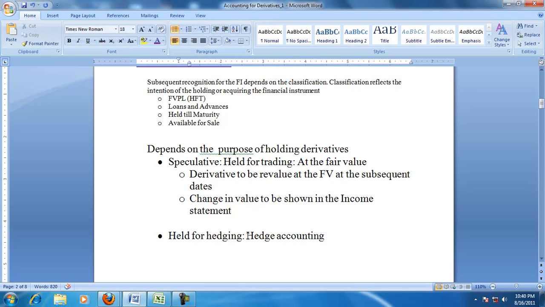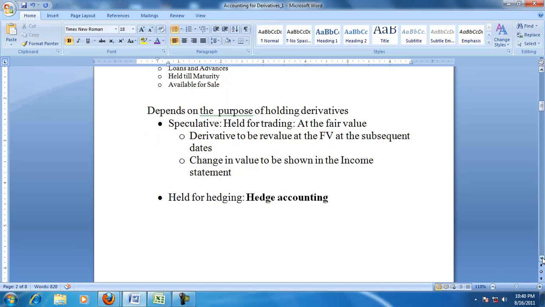But the important issue that requires special attention is held for hedging, where a special accounting called hedge accounting is used. A large portion of our discussion, not only in this session but in other sessions too, will concentrate on hedge accounting.